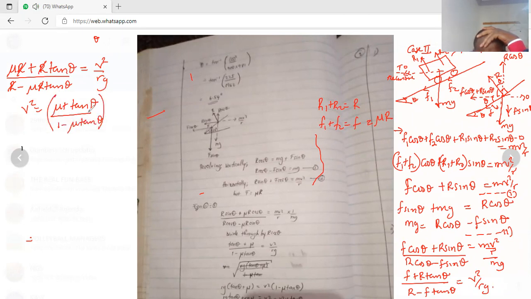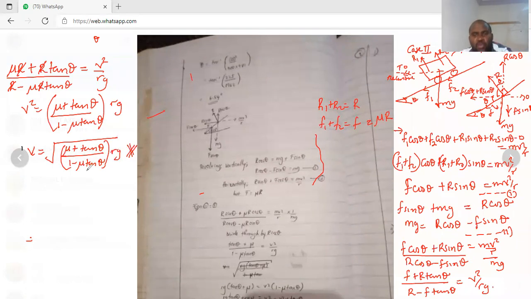Then the whole of this can be multiplied by RG, whereby finally the velocity is the square root of (mu plus tan theta) over (1 minus mu tan theta) times RG, the expression for the car to overturn upwards.